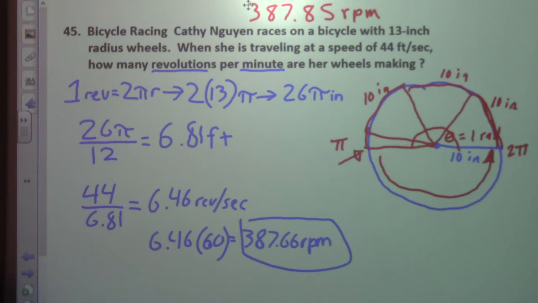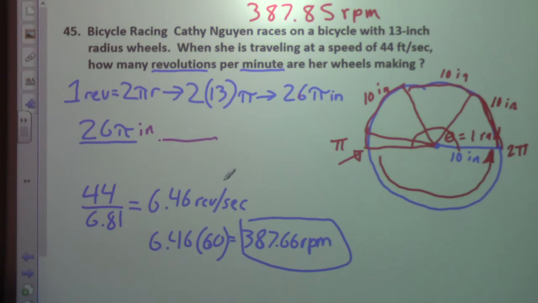So the first thing he did was he found out how much distance was in one revolution. Does everybody understand that? It's the arc length formula, right? So this first line should be pretty easy. Is everybody good with this first line? Now, in this next one, we're starting out with 26 pi inches, and we want to convert that to feet.